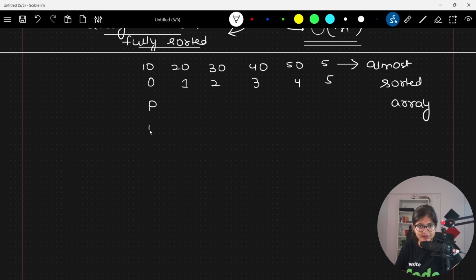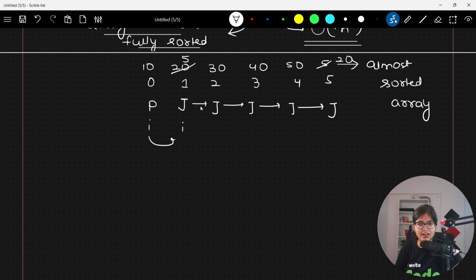This is P, this is I, and this is J. Now, this J is getting a value which is greater than the pivot. It will move ahead, again it will move ahead, again it will move ahead. When it reaches here, the value 5 is lesser than the value of 10. So the value of I will get incremented, and then there will be a swap. 20 will go here and 5 will come here.